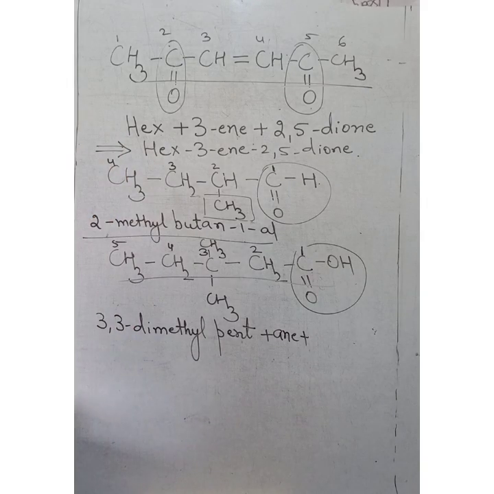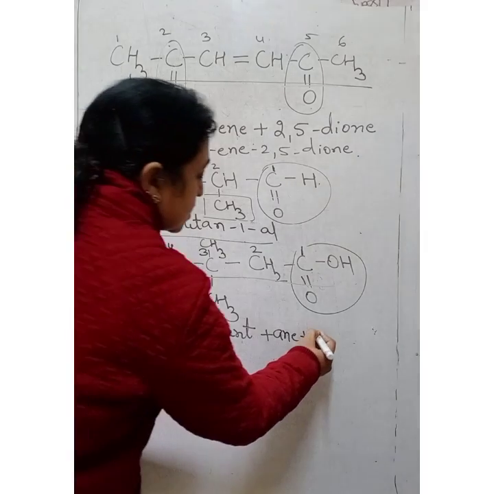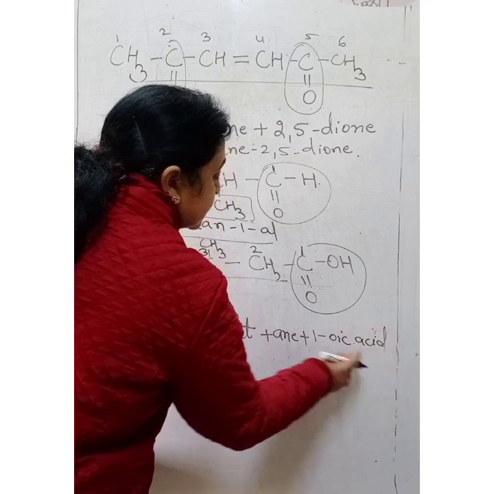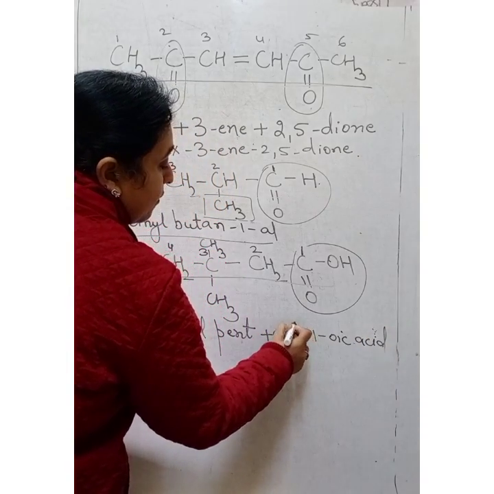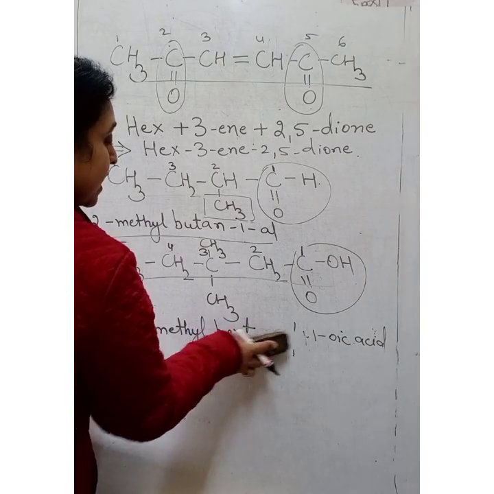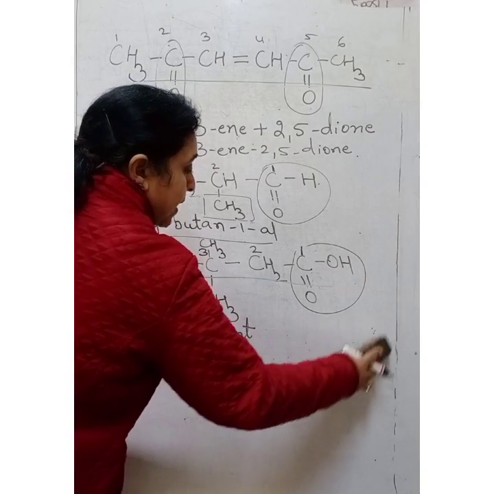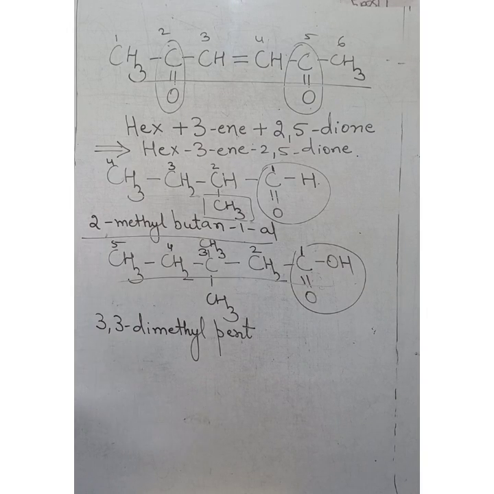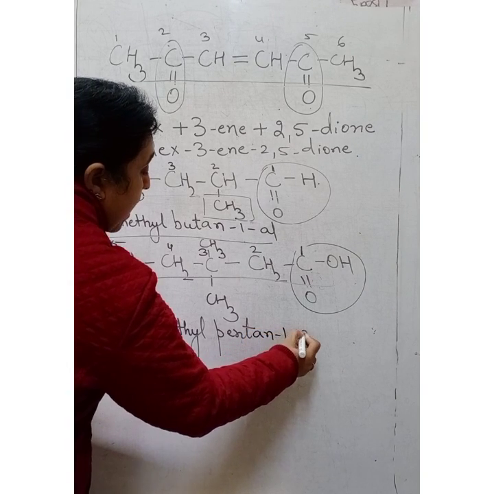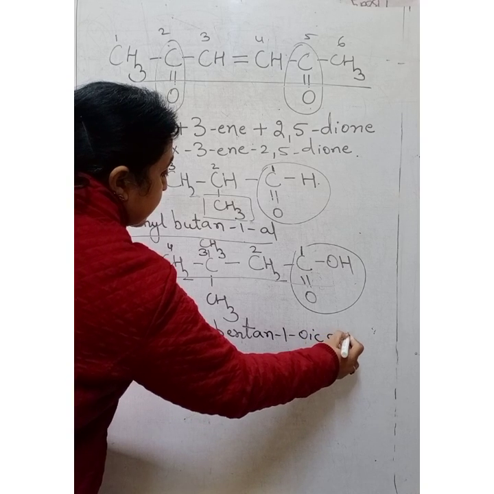And the secondary suffix is 1-oic acid. The secondary suffix is beginning with a vowel, so the terminal E of the primary suffix is dropped. So the name of the organic compound becomes 3,3-dimethylpentane-1-oic acid.